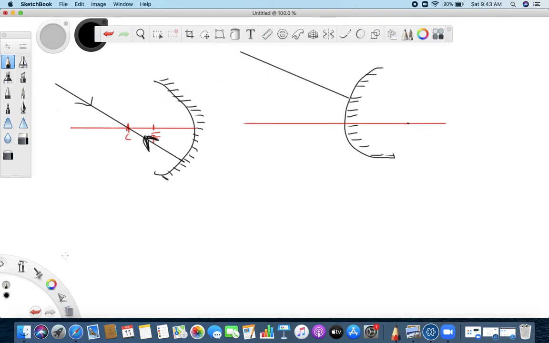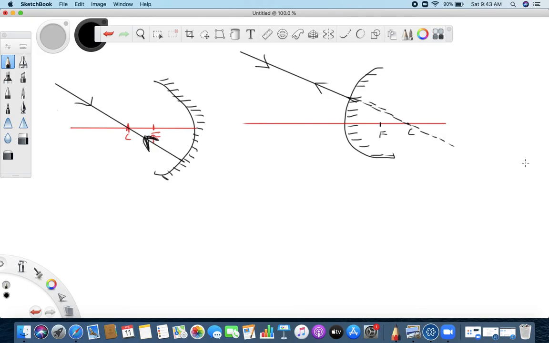Let's say this is your F and this is your C. After reflection, it passes through the same point only, but when you extend it, it is passing through C only. So this is the same case.